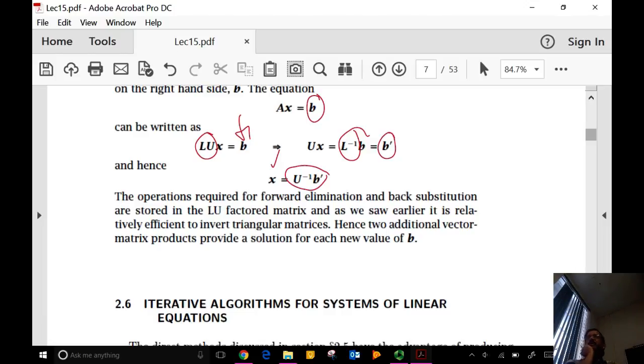Central differences are approximations for derivatives, and we are going to see that as a method of solving differential equations. But once you have a central difference method, you reduce it into an algebraic equation, and the algebraic equations can be solved in a direct manner, but for that you need to assemble the matrix, and you can also solve it in an iterative manner, and that captures essentially the idea behind an iterative method.